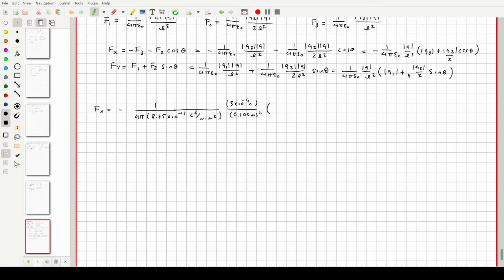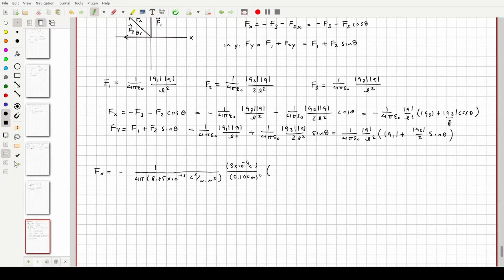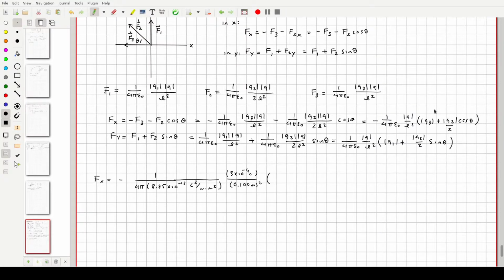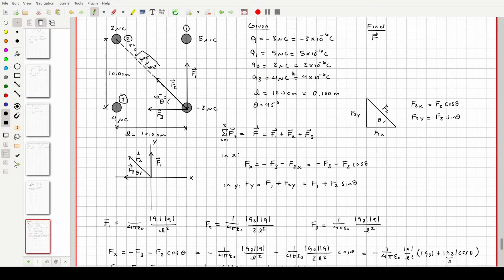Then you have Q1 plus Q2 over 2 times cosine of theta. Q1 is 5 microcoulombs. Actually, rather, that was Q3 plus Q2 over 2 cosine of theta. Q3 is 4, and Q2 is 2.